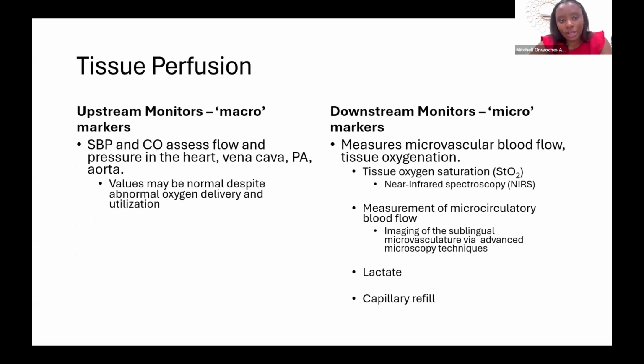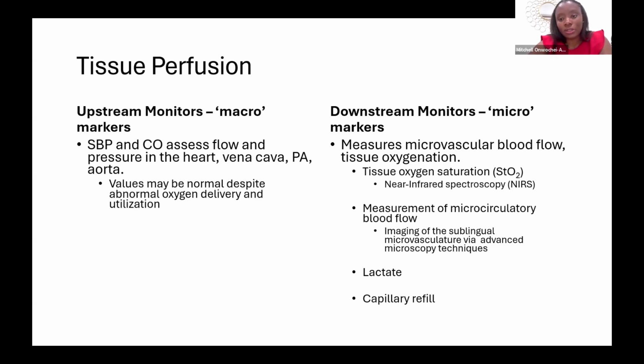So your vena cava, your pulmonary artery, your aorta. And these values may be normal early in shock. Whereas if you were to measure microcirculation, which is at the tissue level, you might be able to diagnose shock earlier and therefore diagnose volume responsiveness when patients start improving.